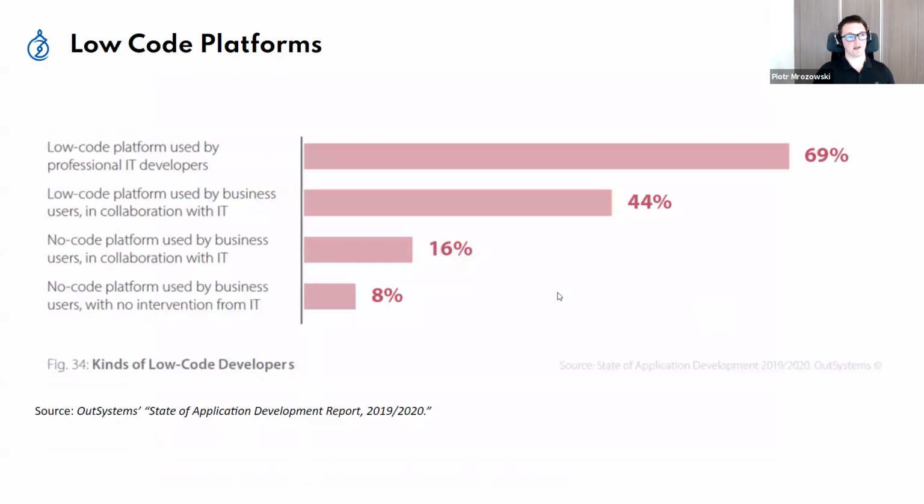This graph illustrates that you do need a professional developer to run an app that you deploy on a low-code platform. That's the majority of responses. A bit less is low-code platforms used by business users in collaboration with a developer, with IT.